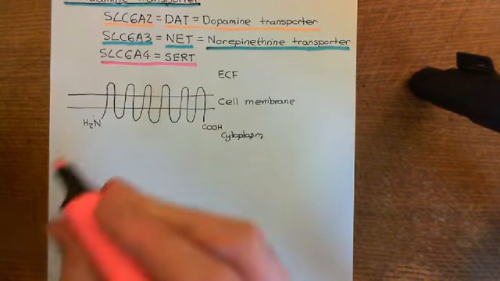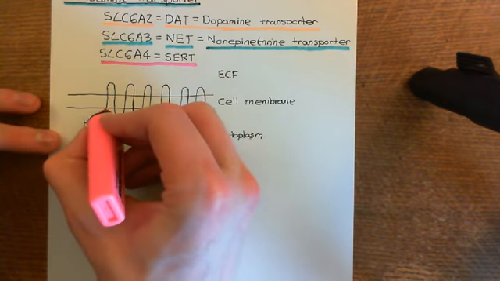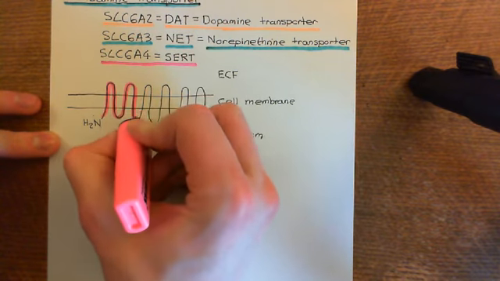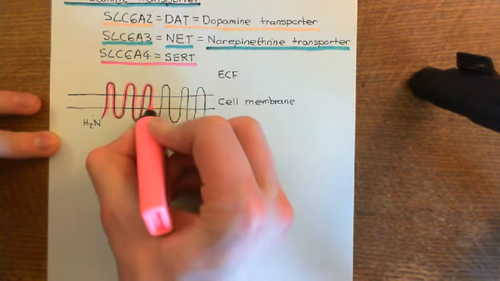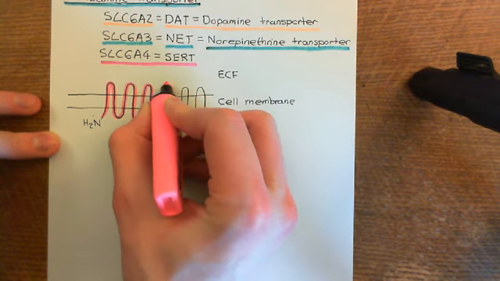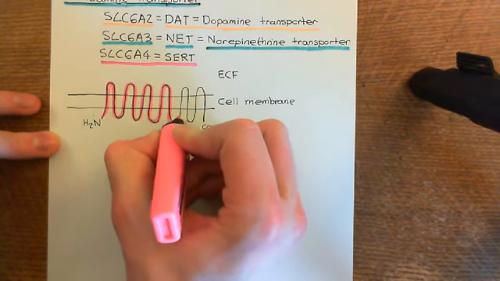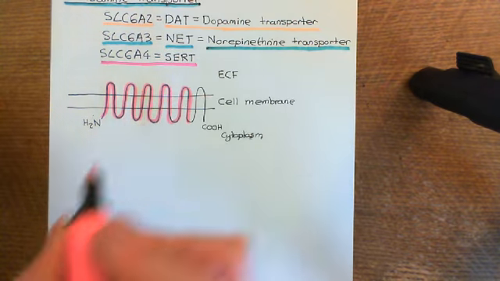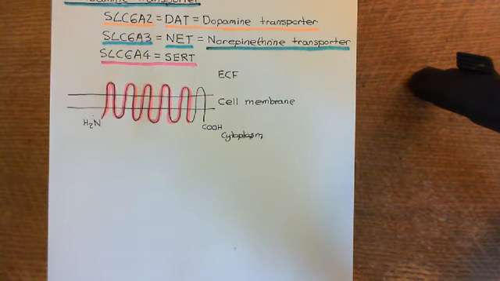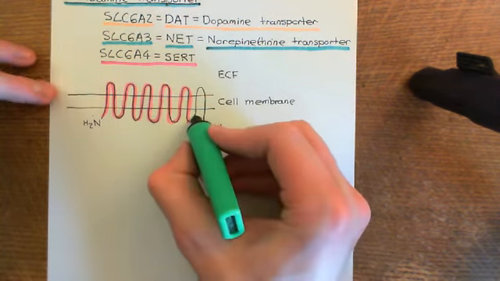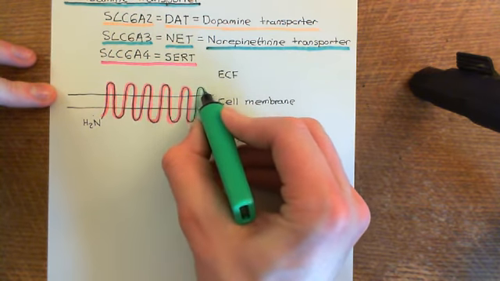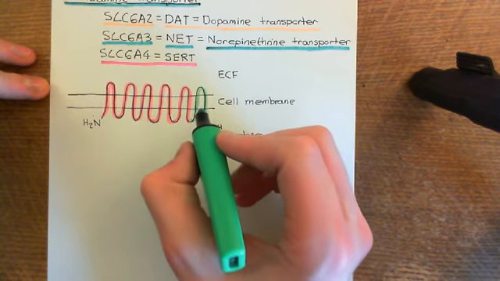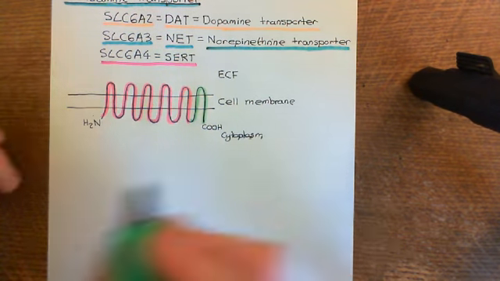Now, the first 10 of these, okay, so I'll colour these in pink here. Okay, these first 10 are going to be involved in actually forming the portion that's going to be involved in transporting the serotonin from the extracellular fluid into the cytoplasm, whereas the final 2 sort of sit on their own, okay, and are thought to maybe be involved in the dimerization of 2 of these proteins together.